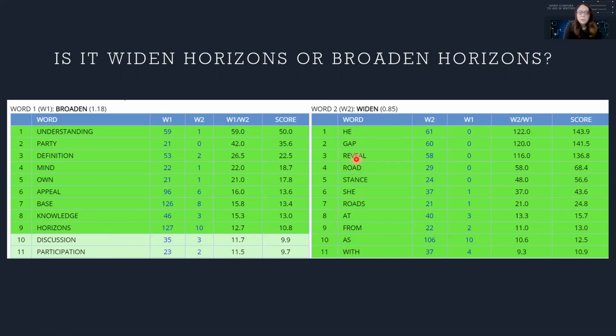Okay, so these are things that are more like concrete nouns. And broaden could be something that's a bit more abstract, like broaden your mind, way of thinking, appeal or base or knowledge. But these look like simple concrete ones. So widen the road. All right.